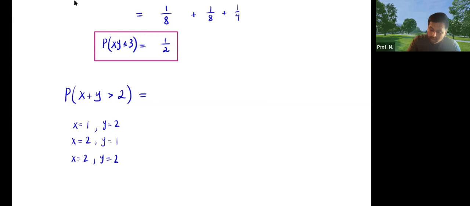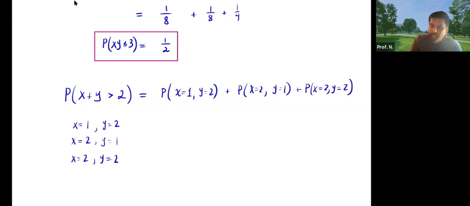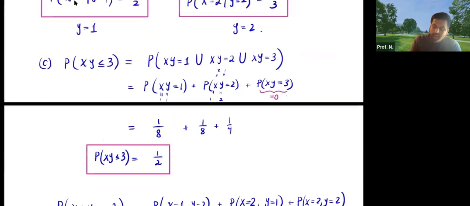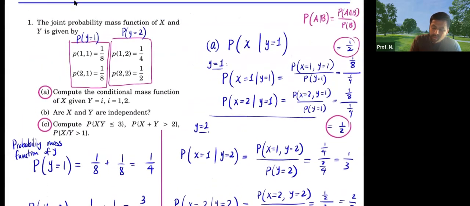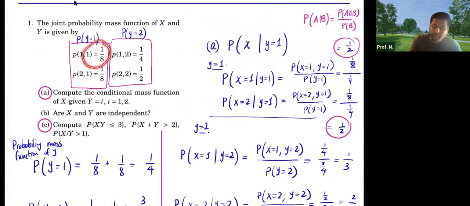So this is the same thing as saying the probability that x equals 1, y equals 2, plus the probability that x equals 2, y equals 1, plus the probability that x equals 2, y equals 2. And then we're just adding the probabilities up. So the only one that we're excluding is 1/8.